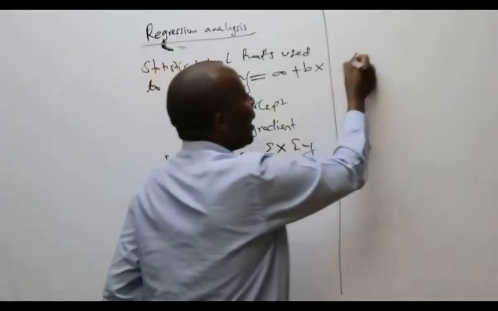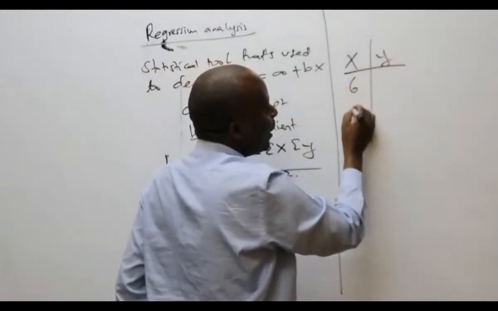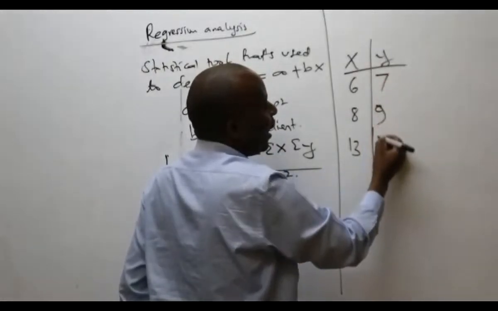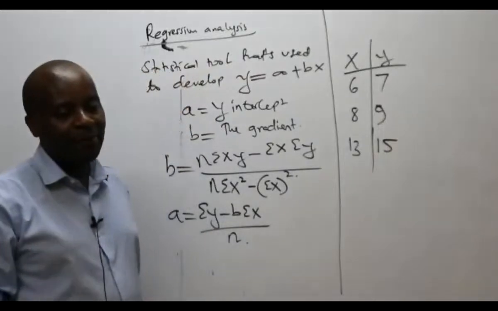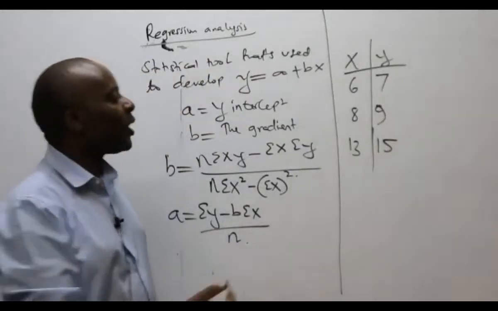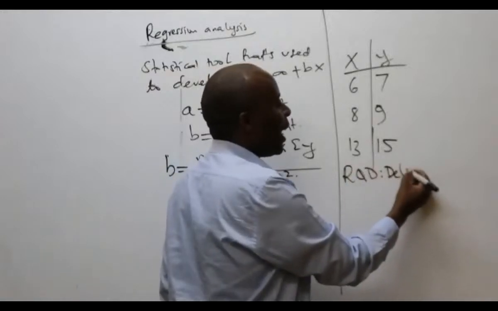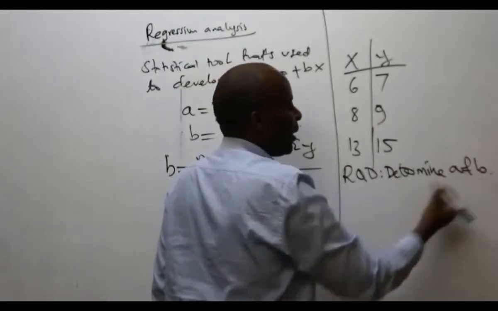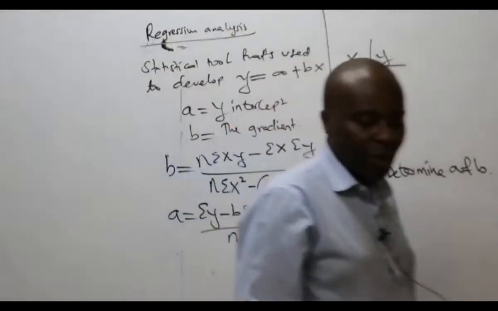If you're given here X and Y, perhaps they give you 6, 8, 13, and then we have 7, 9, and 15. And then, ladies and gentlemen, you are required here to determine A and B using regression analysis.